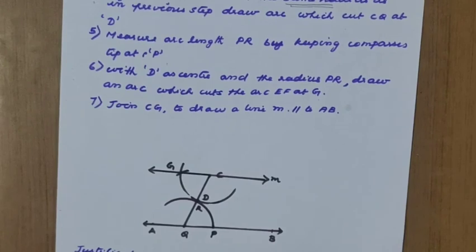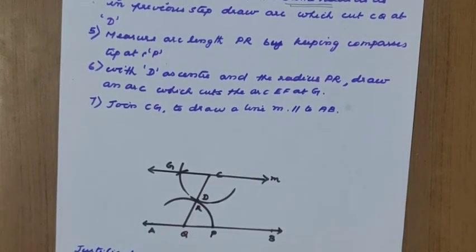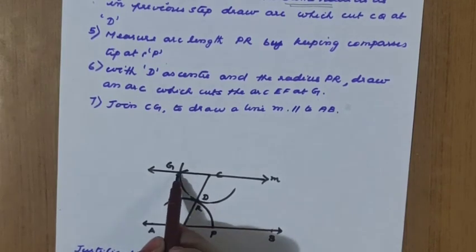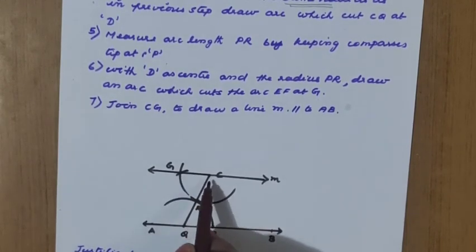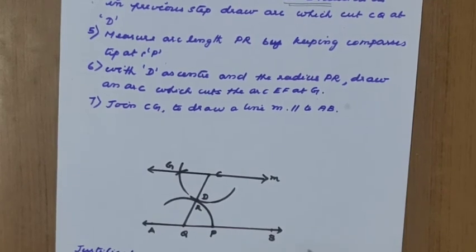Now I think the idea is very clear to you. So now how to write the justification? Which angle measurement have we taken? This is angle BQC, that is the first angle which we had drawn. Again from G it should start, GCQ. Both are equal with the same radius.